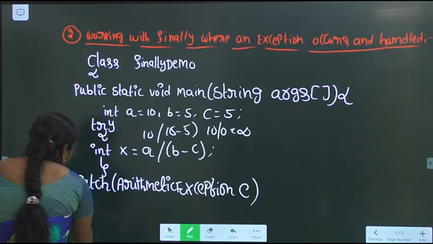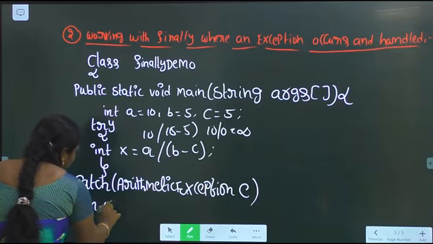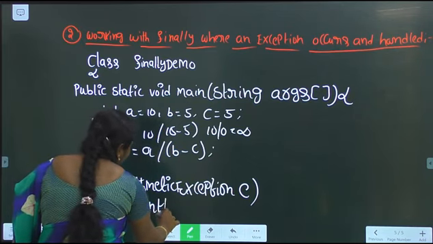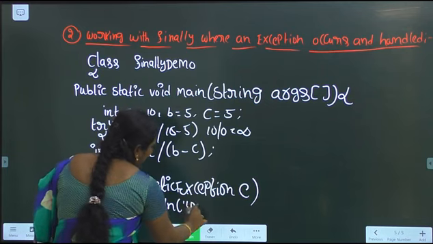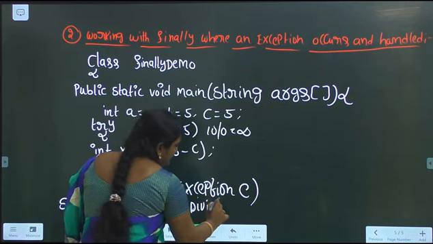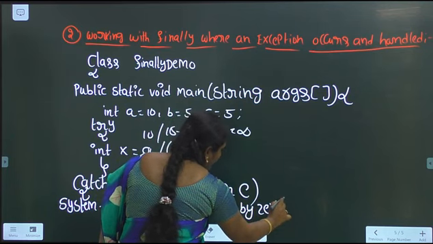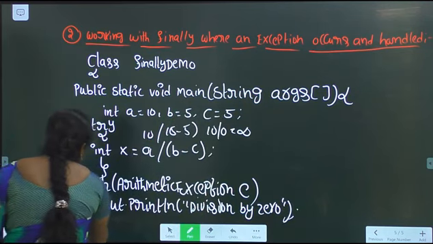Within the catch block I am writing one SOP statement: System.out.println("Division by 0 error"). I am closing the catch block.